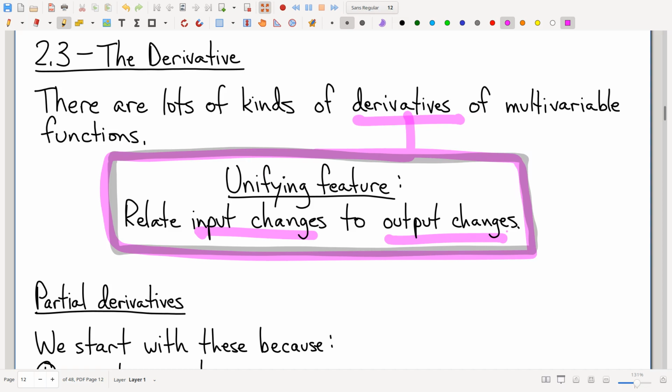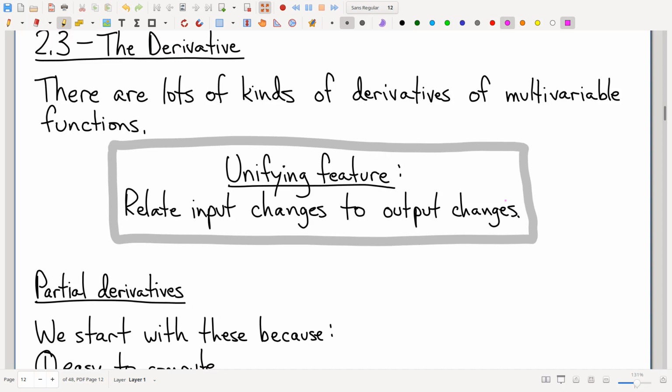And we'll see this as we go through the rest of this chapter and how we use derivatives in later settings. There's some sort of a relationship, different in every context, different for every different kind of derivative. But there's always a relationship between input changes and output changes. So be on the lookout for that as we go through.